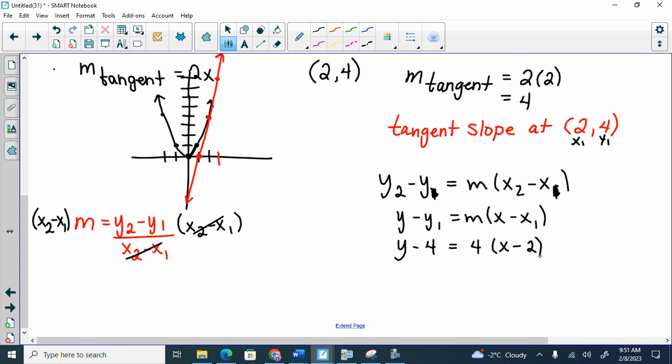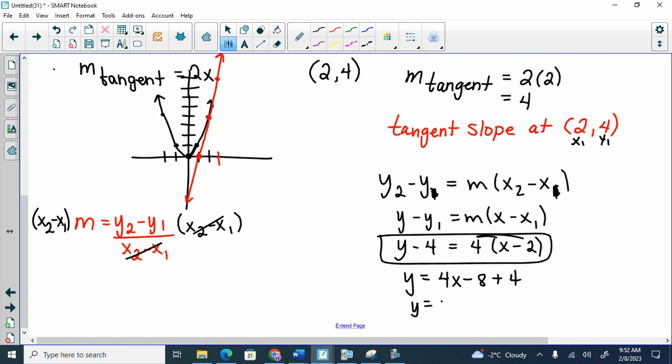However, if I want to plug it into my calculator to see if it actually is a tangent, I'd have to get it into y equals form, right? So this is point-slope form. They might make you do slope y-intercept form. So I'd have to distribute my 4 through and then add the 4 over. So I'd get y equals 4x minus 8 plus 4. So it's y equals 4x minus 4. Do you agree?